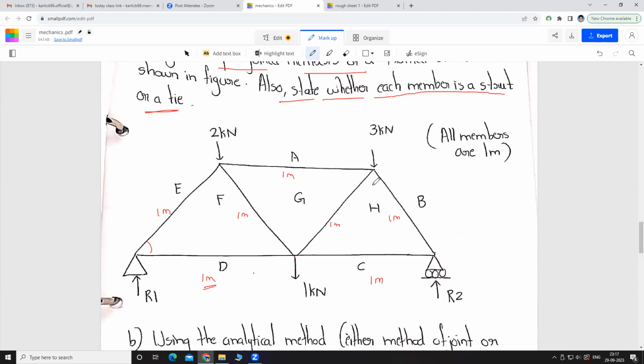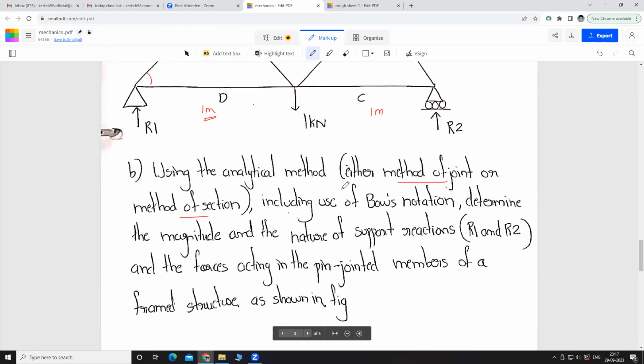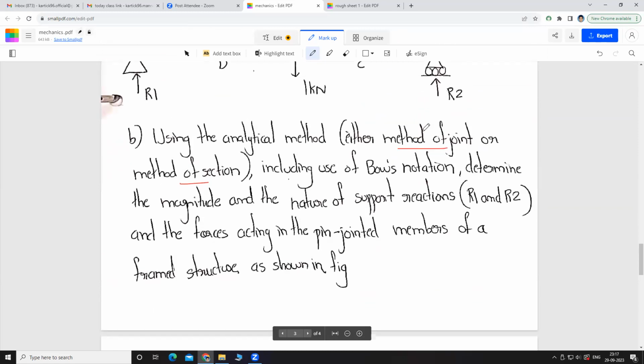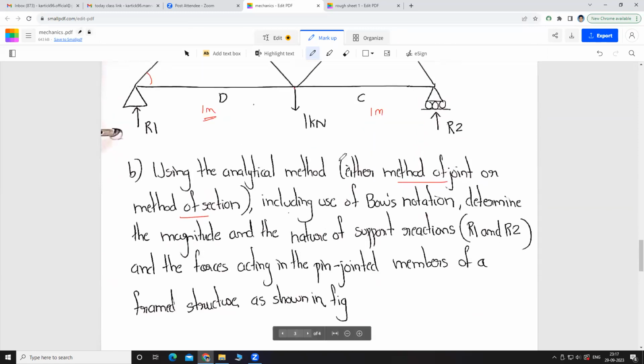So suppose we'll start with method of joints first.